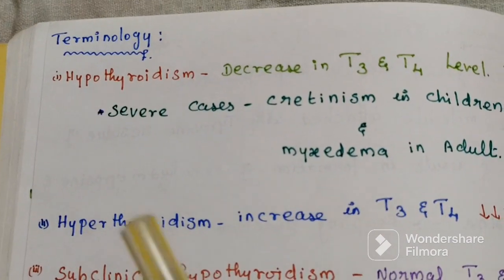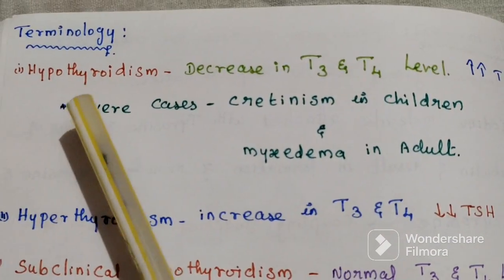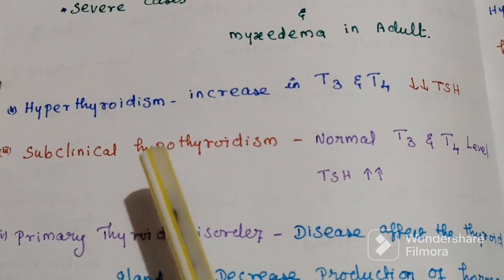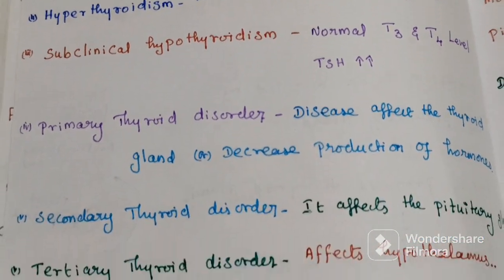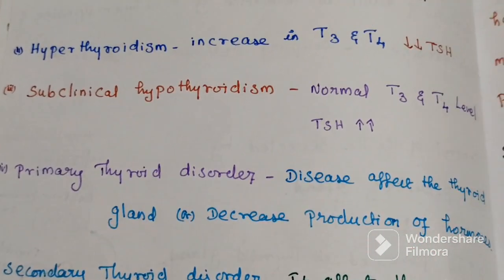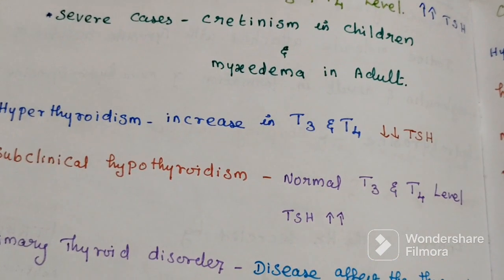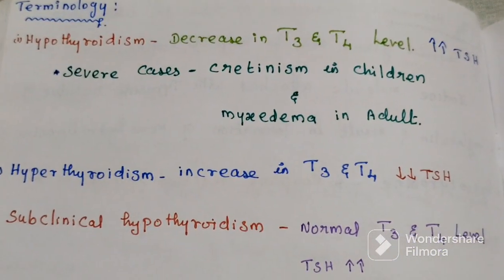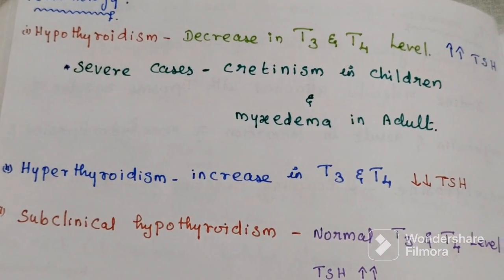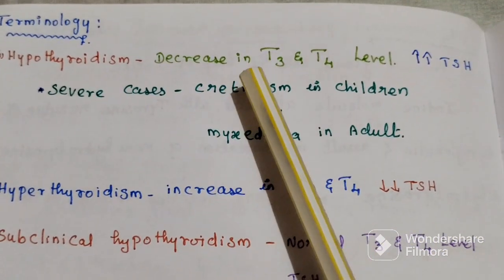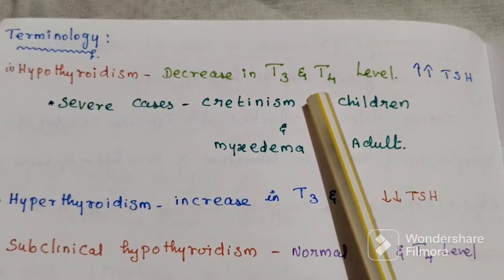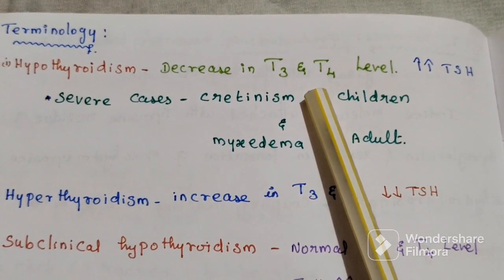There are some terminologies: hypothyroidism, hyperthyroidism, subclinical hypothyroidism, and primary, secondary and tertiary disorders. For example, hypothyroidism means a decrease in T3 and T4 level.